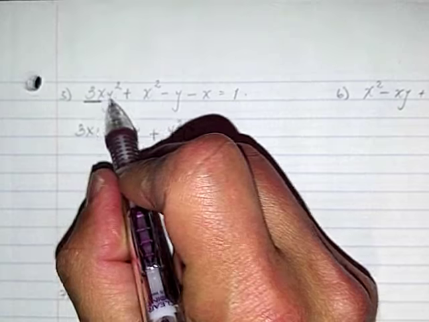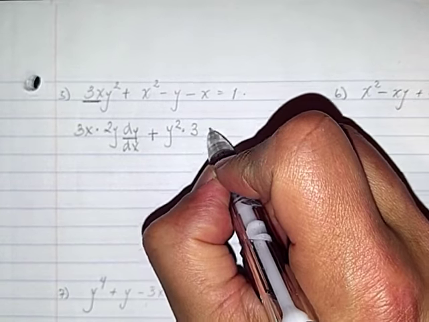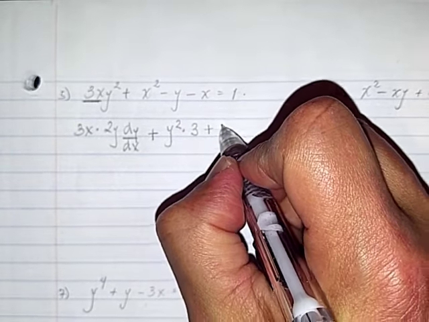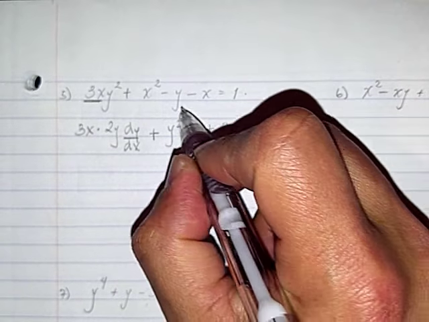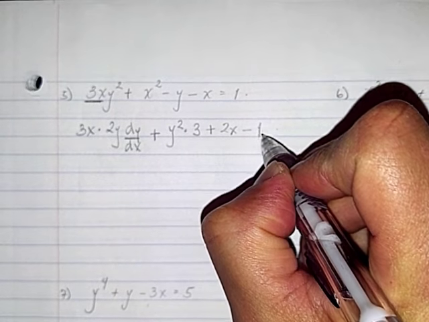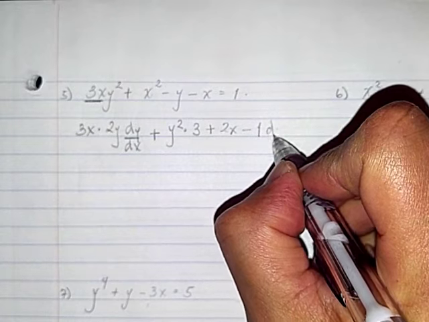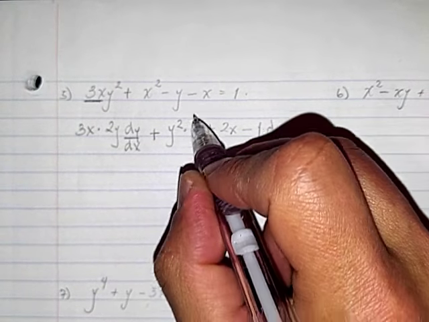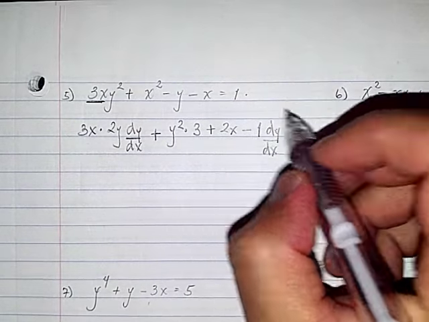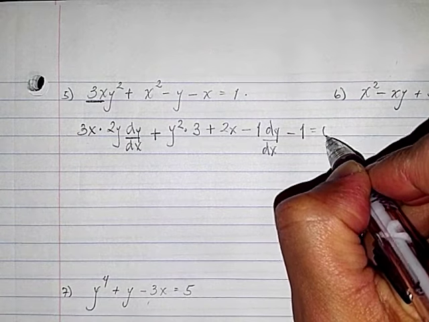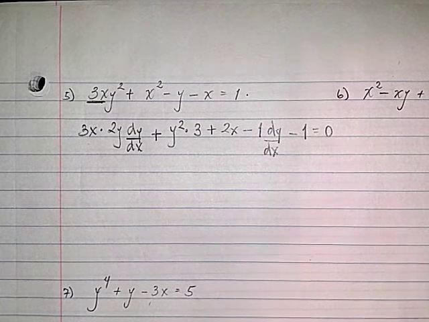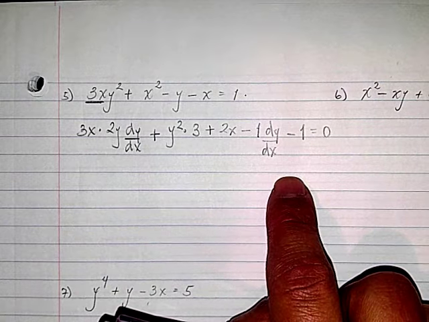The derivative of 3x is 3. Plus the derivative of x squared is 2x. Minus the derivative of y is 1, but because we have a y, we have to do dy dx. Minus the derivative of x is 1, is equal to 0. Sometimes these guys get kind of long. Let's combine these.